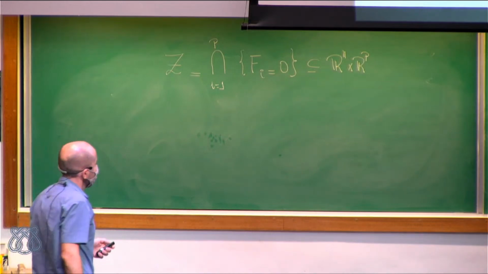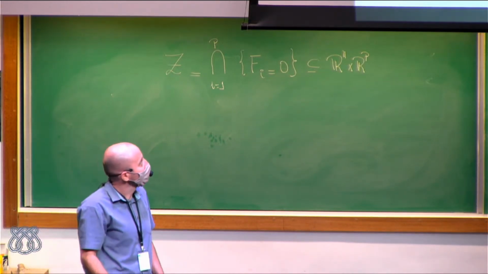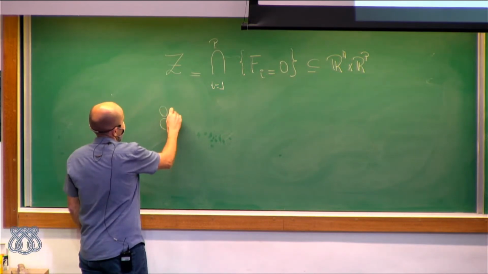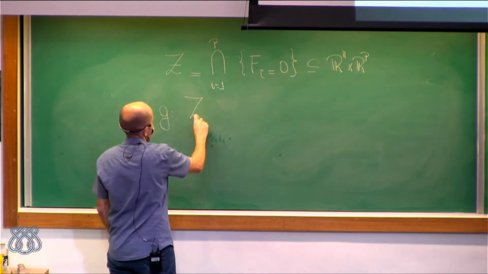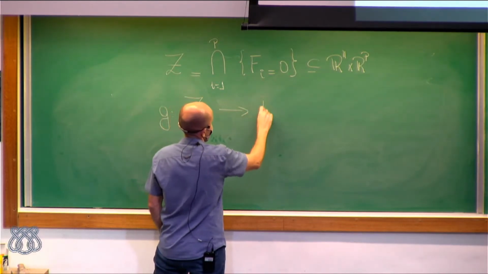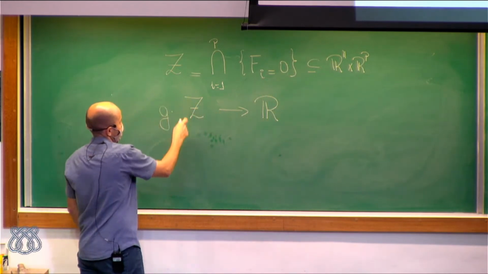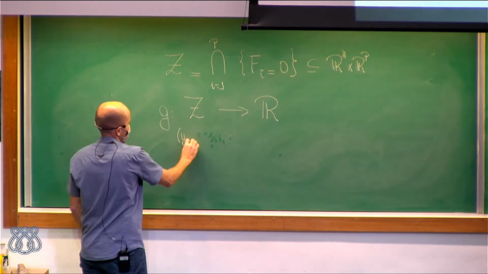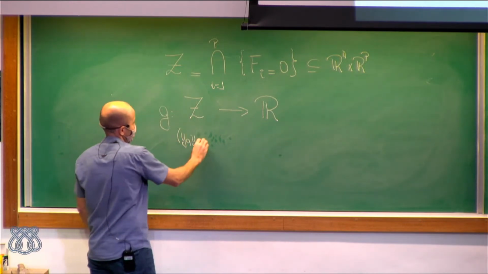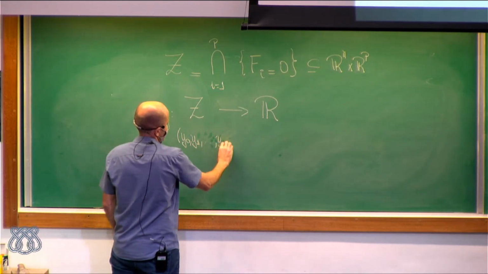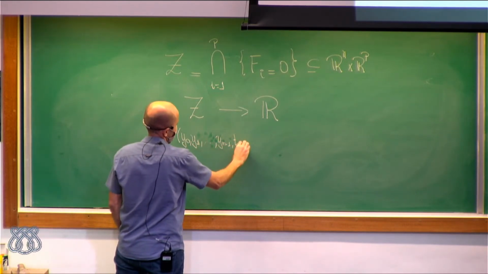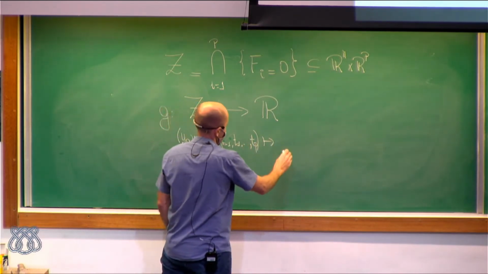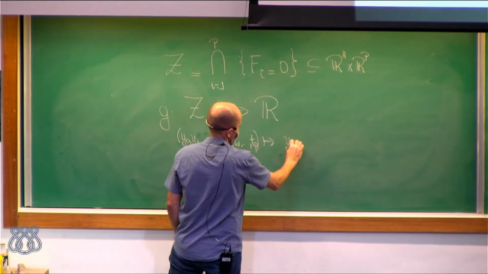And we consider G, the function from Z to R, such that for each point in Z, (y0, y1, ..., yn-1, t1, ..., tp), this is just y0.